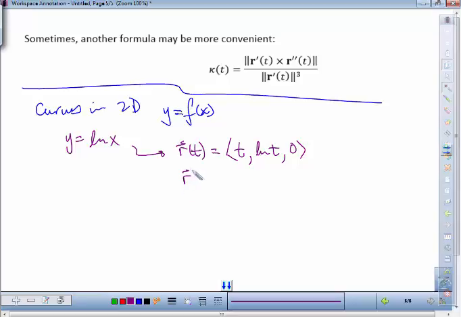So let's find r prime of t. The derivative is 1 comma 1 over t comma 0. And then let's find r double prime of t: 0, negative 1 over t squared, 0.